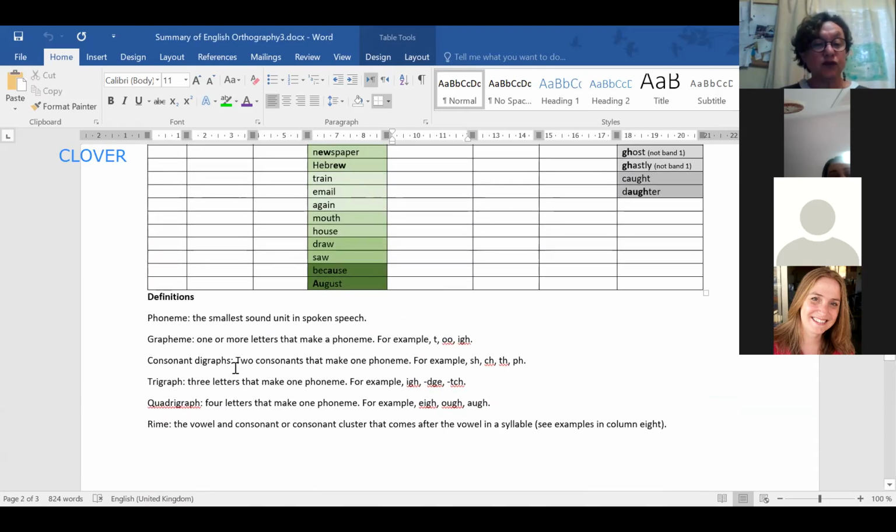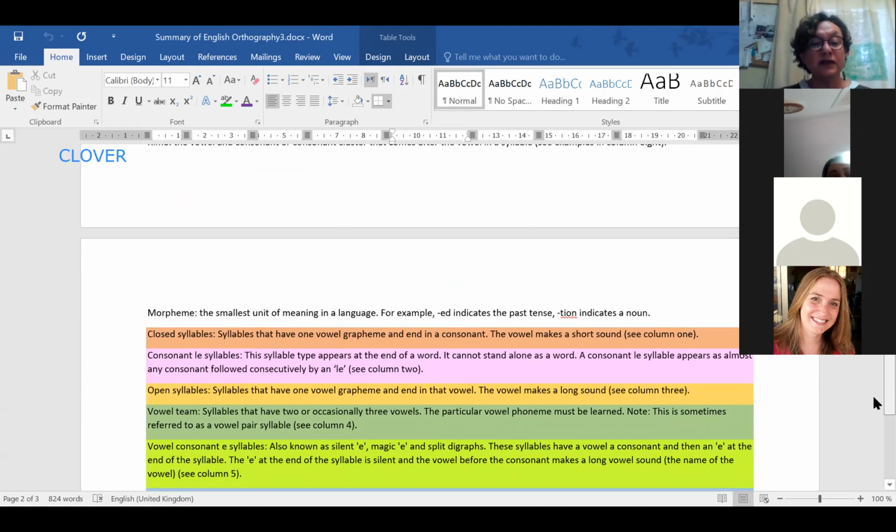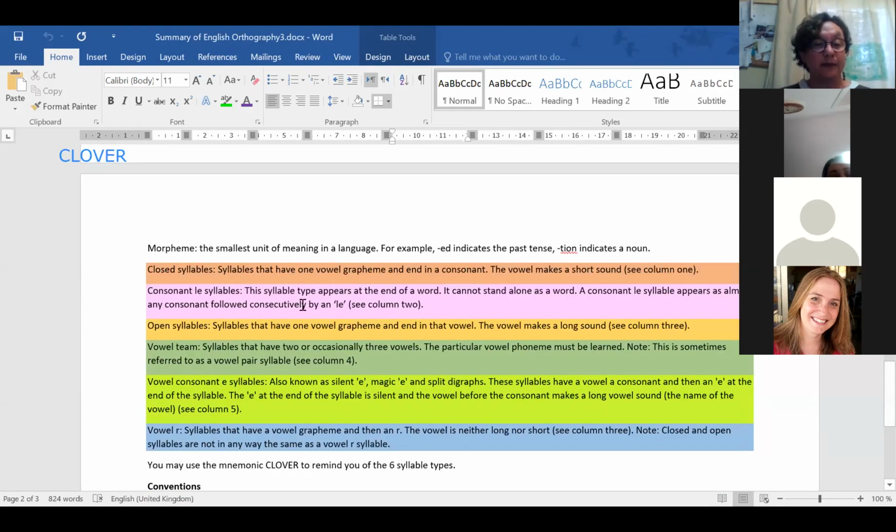What's a phoneme, what's a grapheme, what's a consonant digraph, what's a trigraph, a quadrigraph, and a rhyme. So that's just for people's information with examples, and a morpheme, of course, and then also a definition of the different syllable types, the different colors, okay?